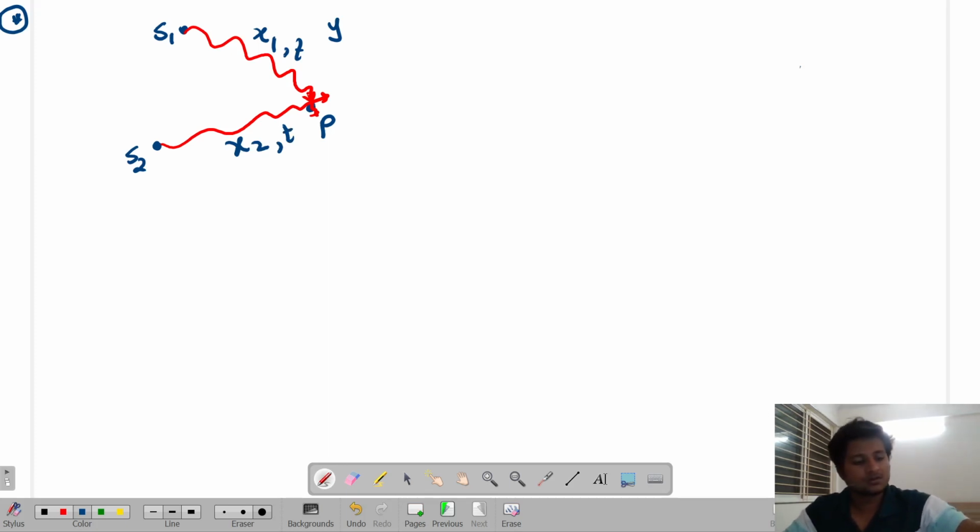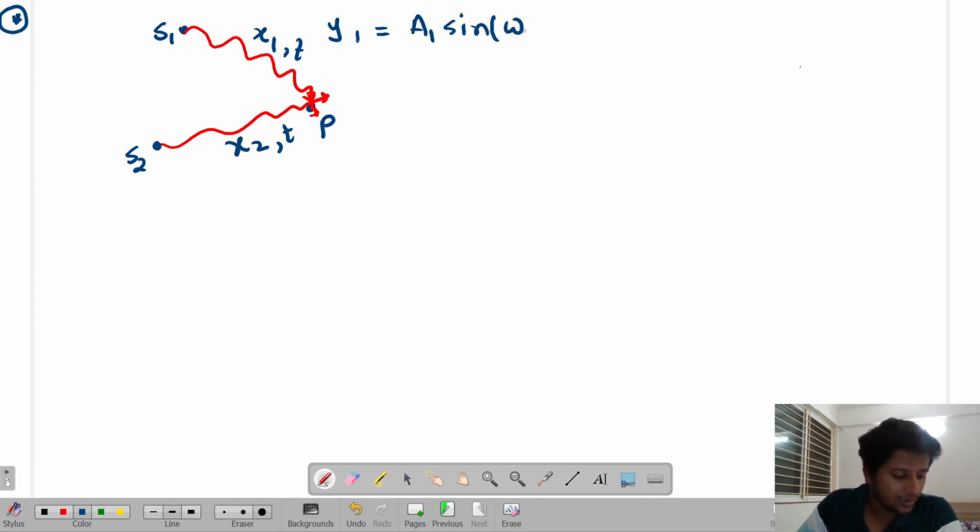Then the equation of the first source will be: y1 equals A1 sin(omega1 t plus k1 x1). The amplitude can be different. Sorry, k1 x1, the wave number 1.